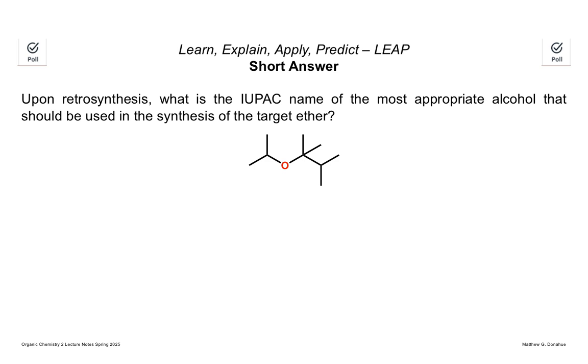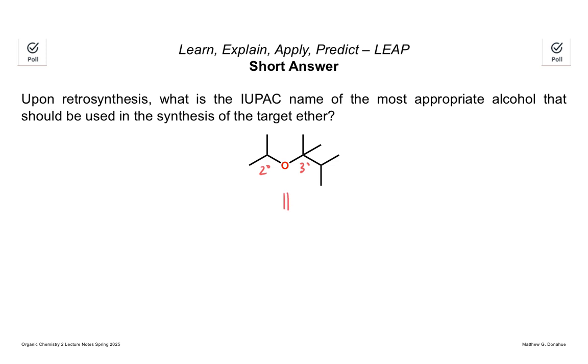This is a quick example of the prior slide. So we do the same thing. That carbon would be secondary. That one would be tertiary.